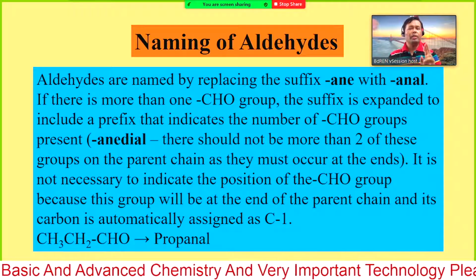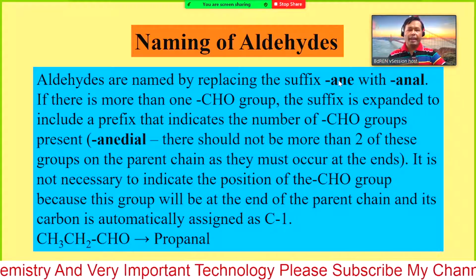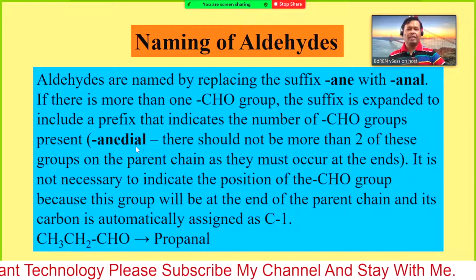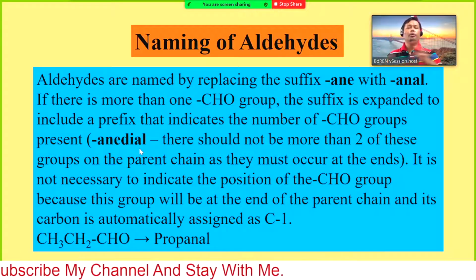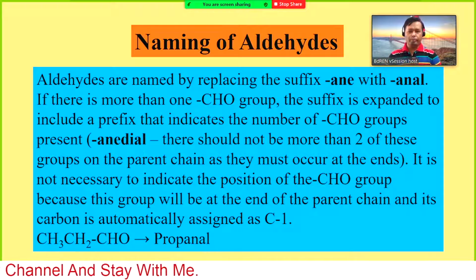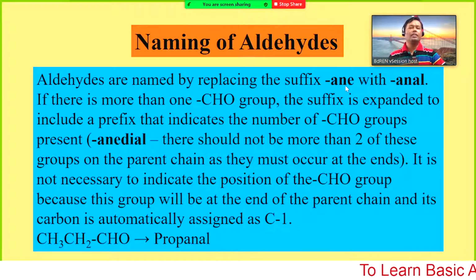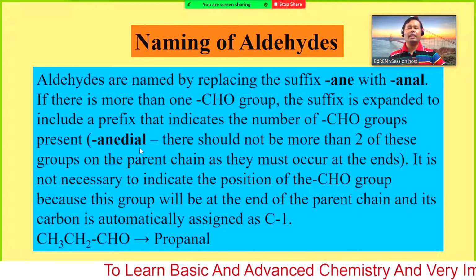If you have two, then we replace the suffix ane with anedial. So if you have two aldehyde groups at the two ends, you name the compound as anedial. Normally, if you have one aldehyde group, just replace ane with anal, but if you have two, you write anedial.